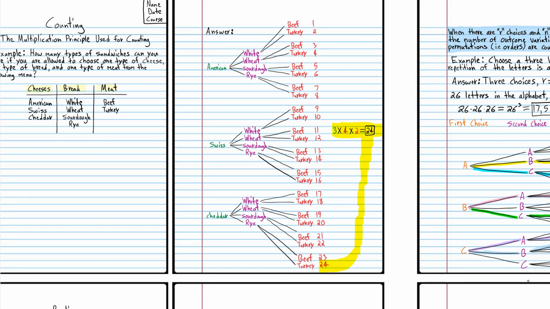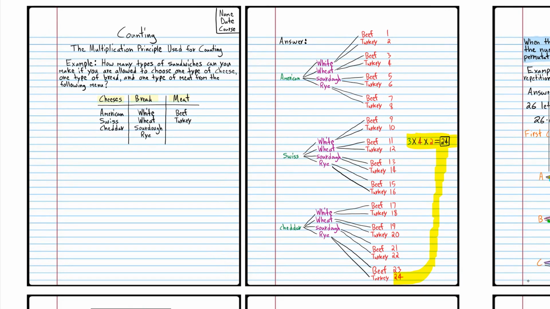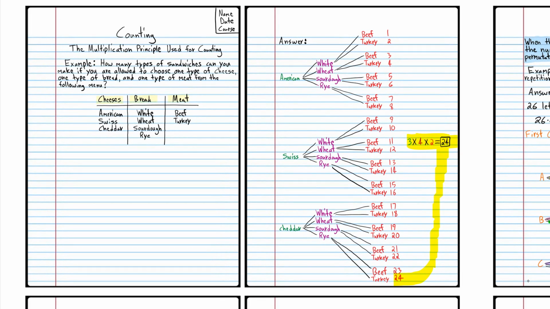So all we have to do is multiply 3 by 4 and then by 2, and we get our answer. So this is the most important principle that we're going to use today. Again, we call it the multiplication principle for counting.